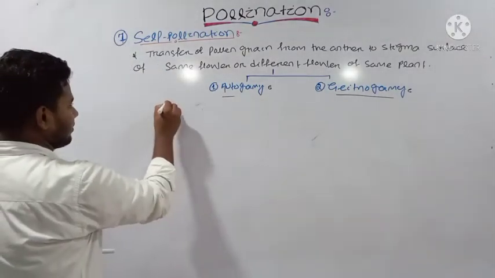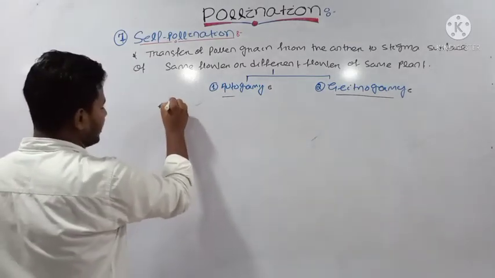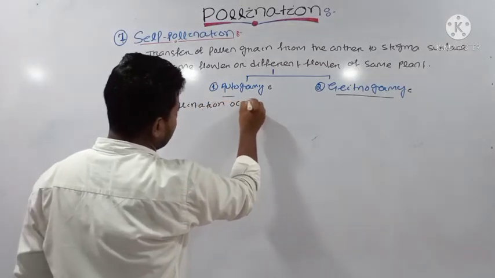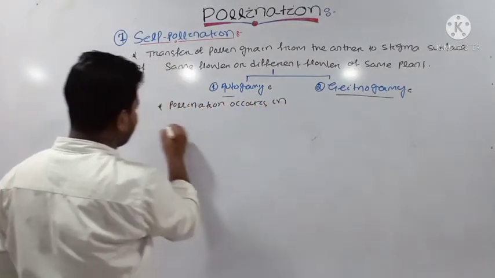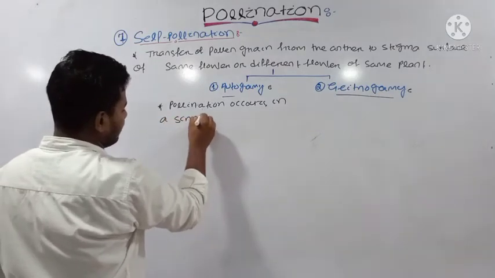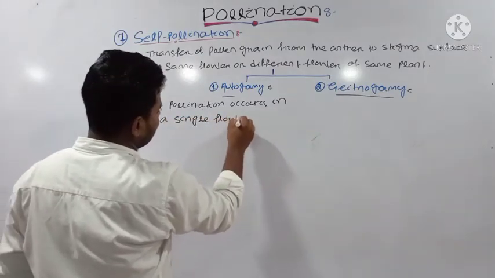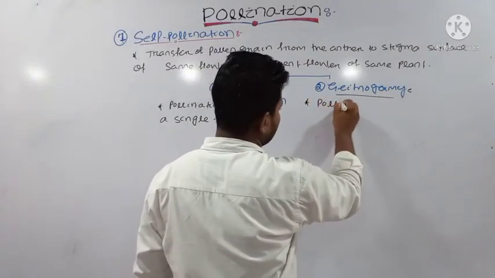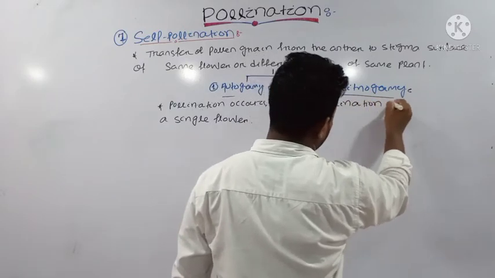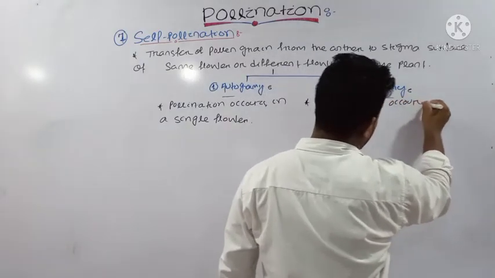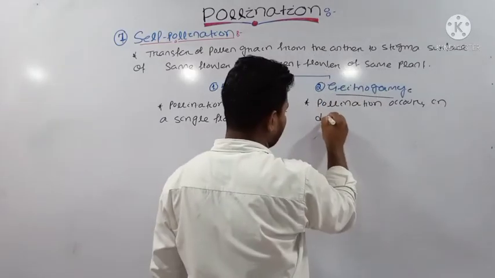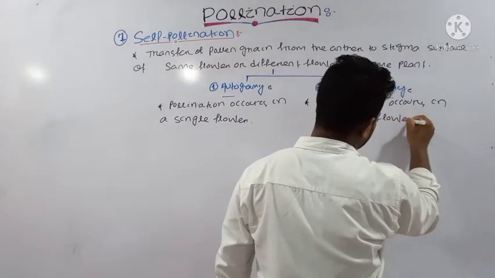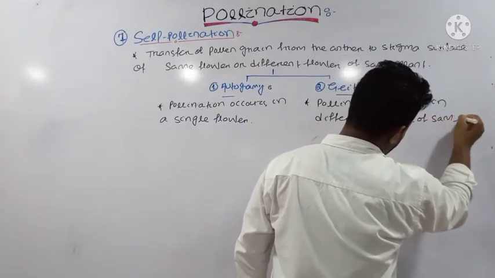If we define the autogamous flower, pollination occurs in a single flower, but in geitonogamy, the pollination occurs in a different flower of the same plant.